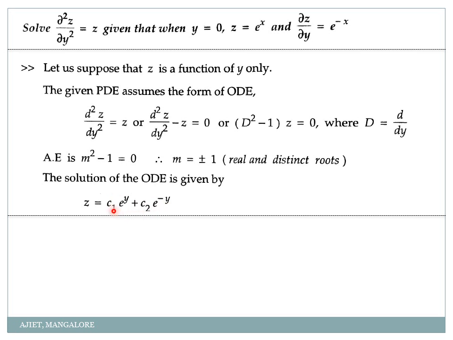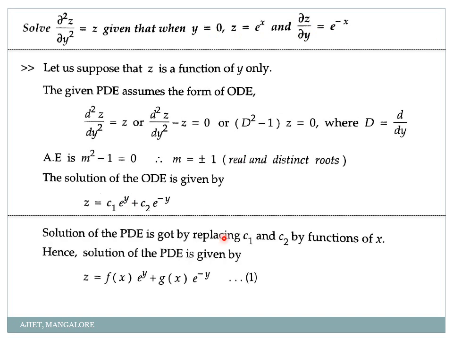Clear? Now what is your aim? The aim is to find the constants c1 and c2, using the given conditions. The conditions are: when y is 0, z is e^x, and when y is 0, ∂z/∂y is e^(−x).